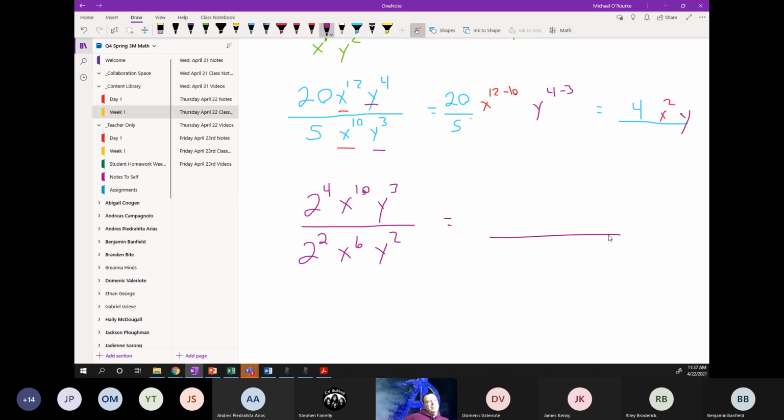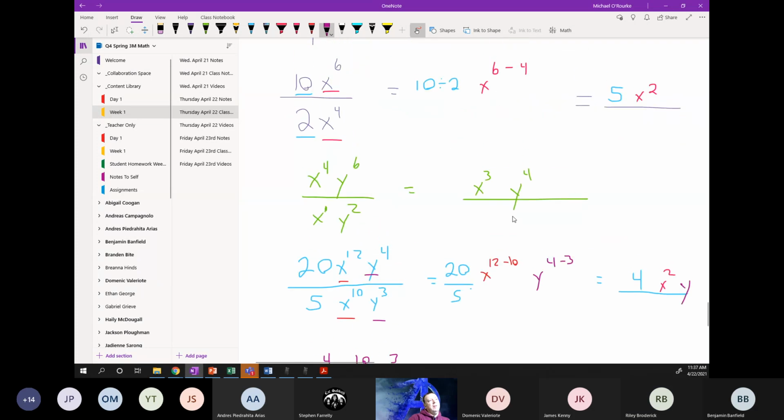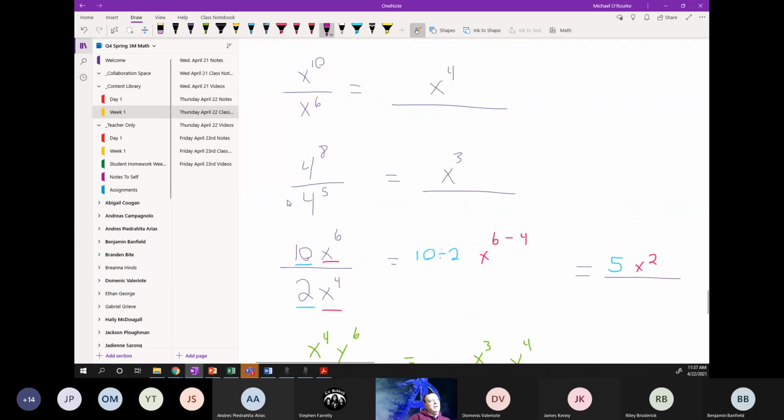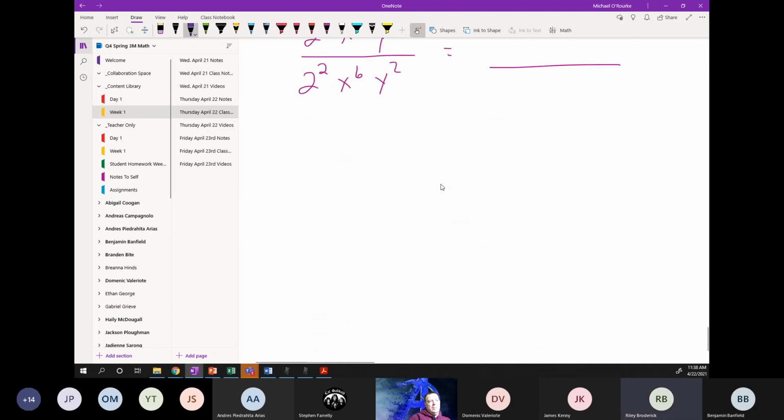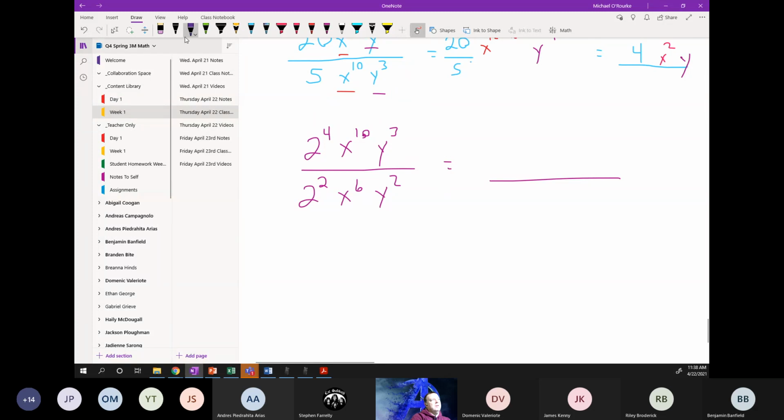That's just an exponent, right? So the answer here is going to be 4. Oh, so if it was like 2x, then you do it, but if it's by itself, then you don't. Correct. This is an exponent. So that's going to be 2 to the power 2, x to the power 4, y to the power 1.